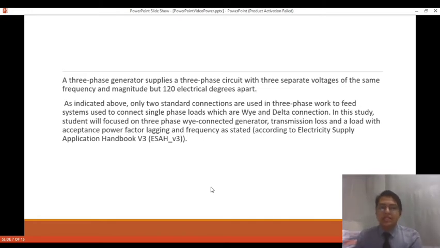As indicated above, only two standard connections are used in three-phase work. They are used to connect single-phase loads, which are the Y and delta connections. In this study, students will focus on a three-phase Y-connected generator, transmission loss, and a load with acceptable power factor lagging and frequency, according to the Electrical Supply Application Handbook V3, or we call it ESA V3.